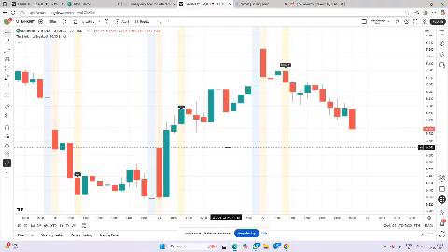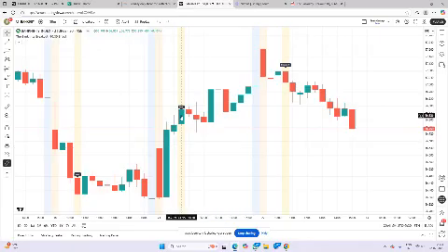The order management requires that you wait for the current candle in which the trade got executed to close before you place the stop loss, right? You can see the long trade got executed here.